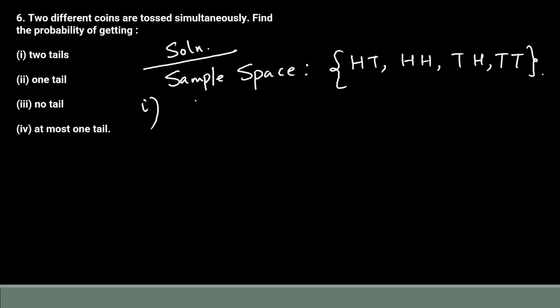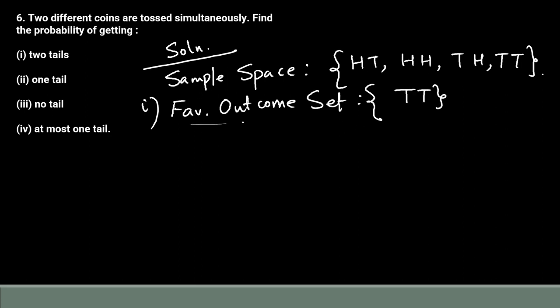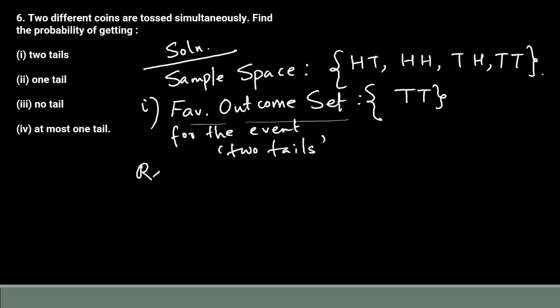So find the probability of getting two tails. What is the favorable outcome set? It should be tail, tail, right? This is the favorable outcome set for the event two tails. And then what is the required probability?